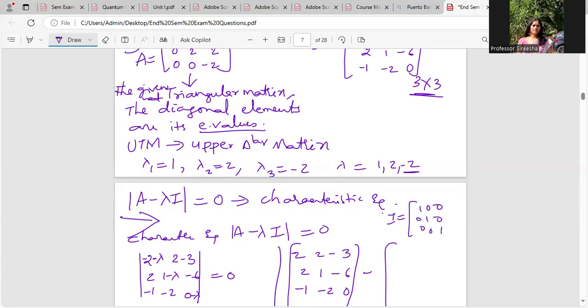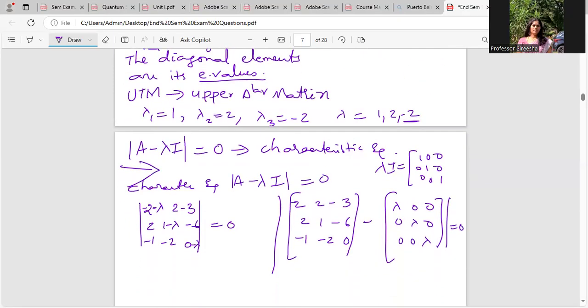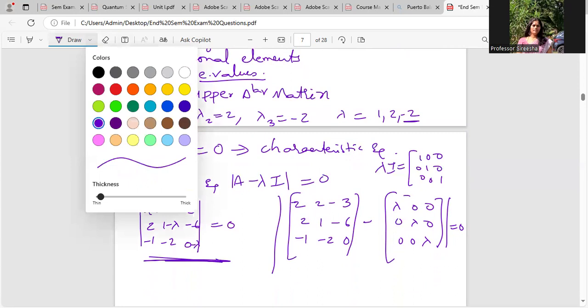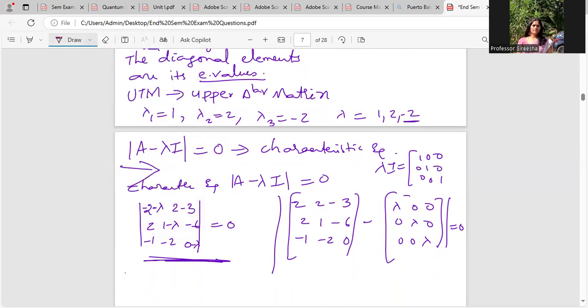If I multiply I with lambda, I get lambda, 0, 0; 0, lambda, 0; 0, 0, lambda. You can clearly observe that other than the diagonal elements, all elements are 0 in the second matrix. So once I subtract the second matrix from the first, the change will be only in the diagonal elements.